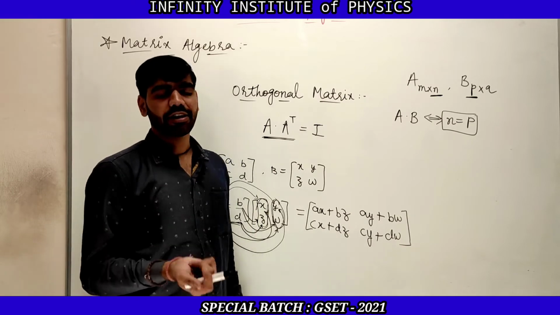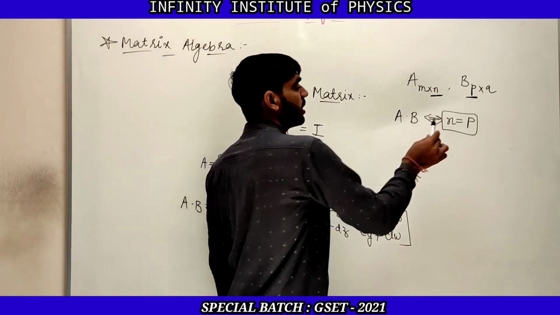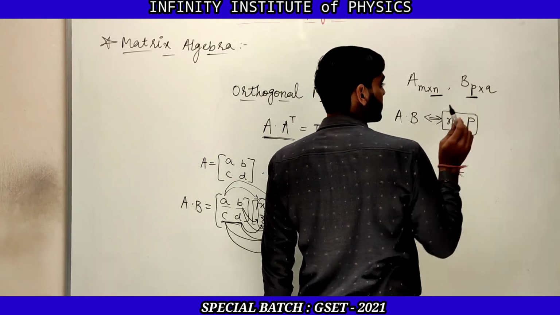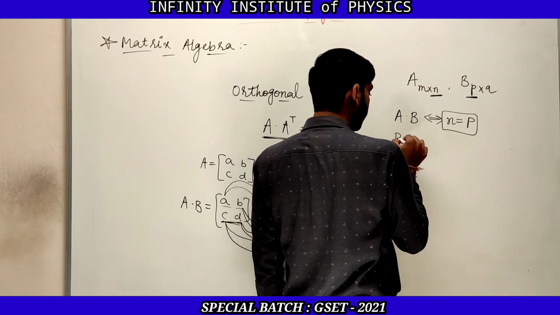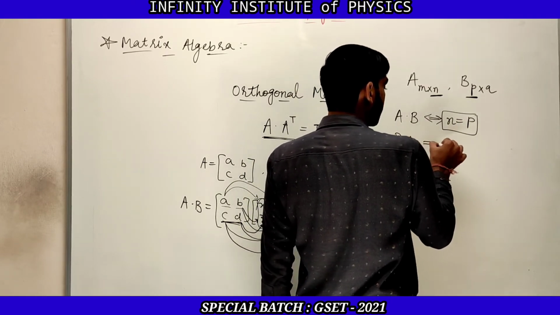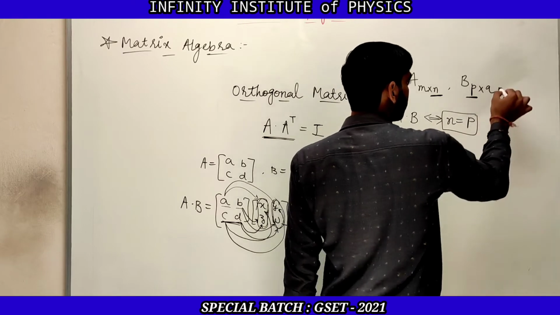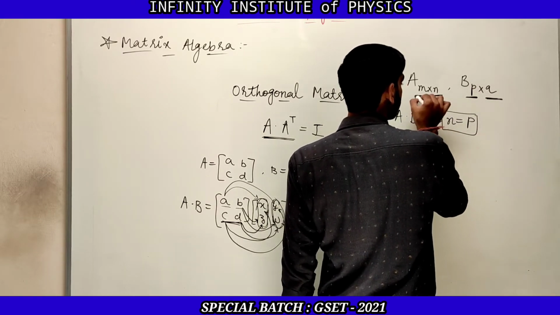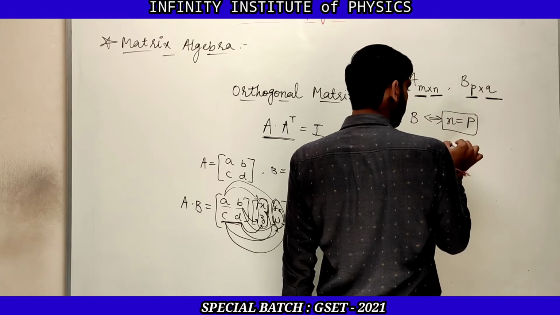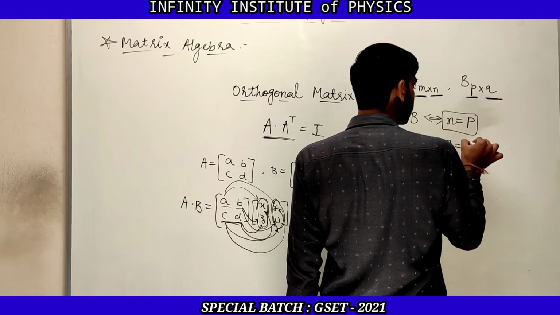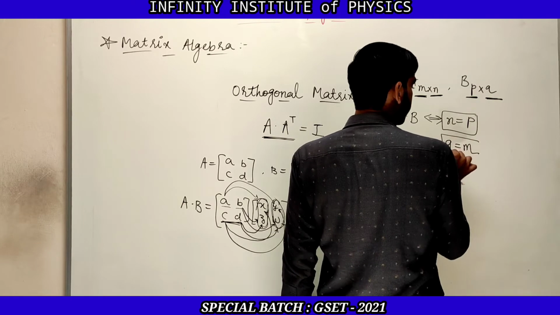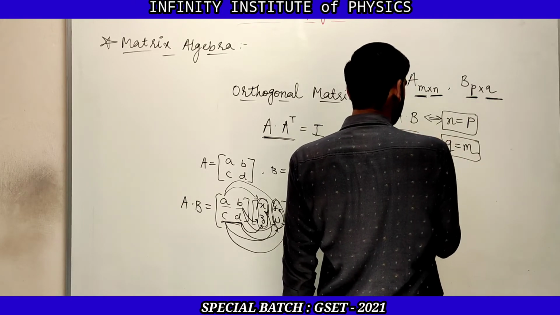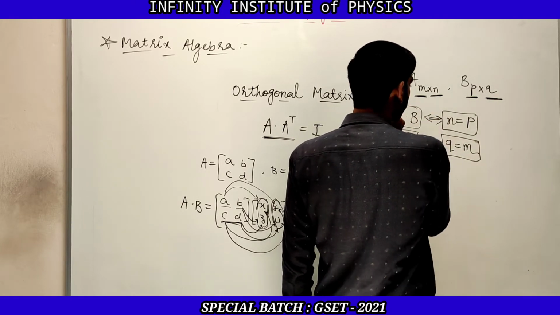And suppose we want to find BA, then the number of columns of the first matrix, that is Q, and the number of rows of the second matrix, that is M, should be the same. So Q should be the same as M, and this is also true the other way.